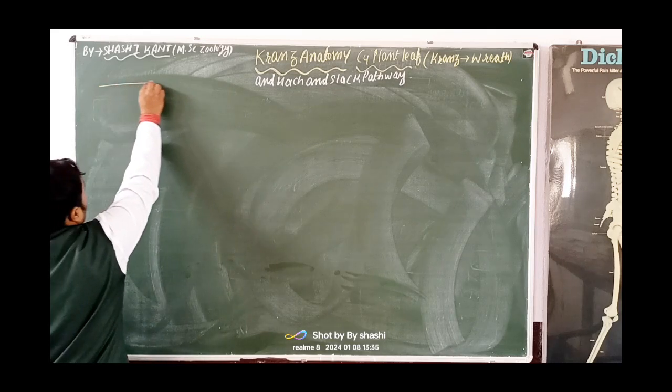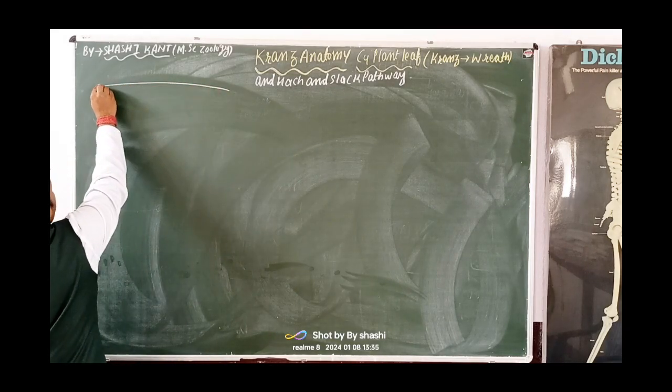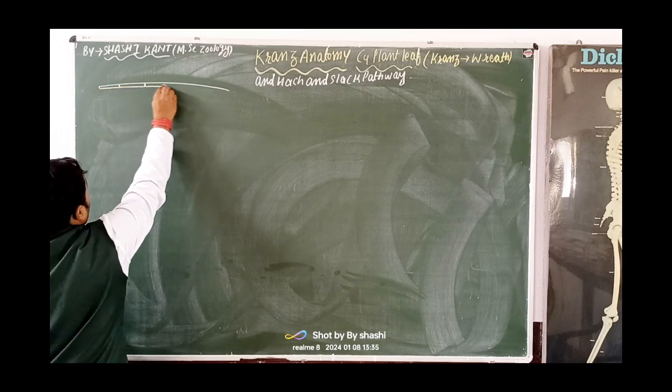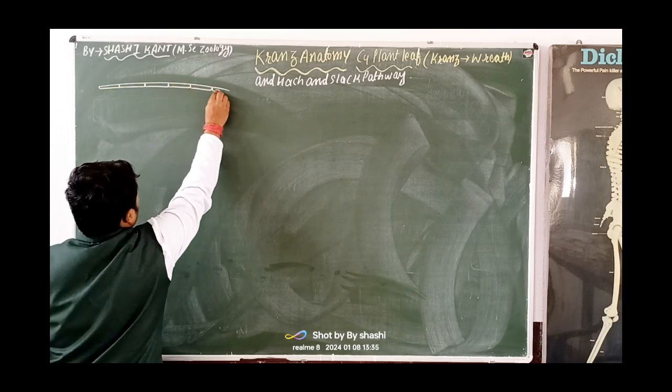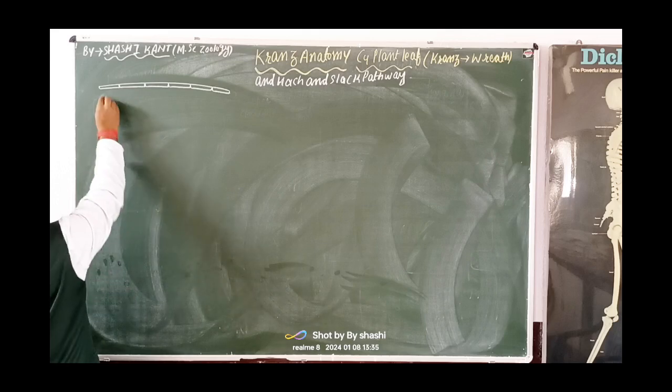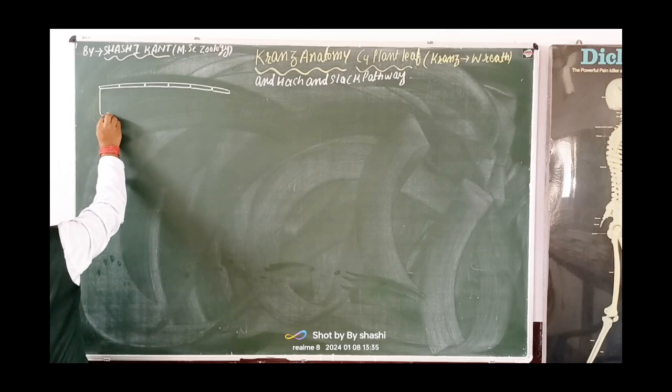I am going to draw the leaf of a C4 plant. This is the upper epidermis.